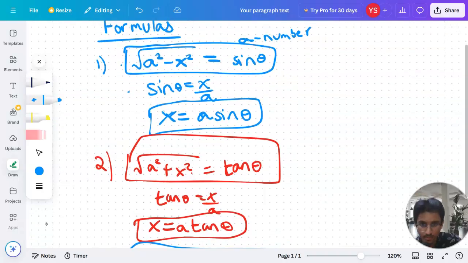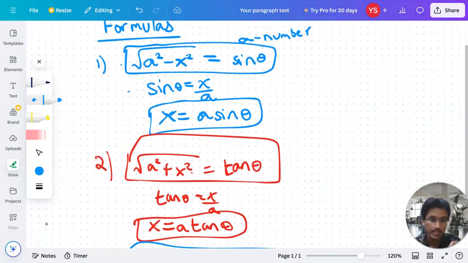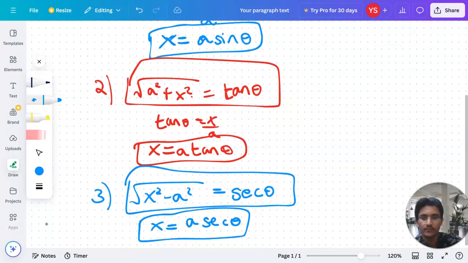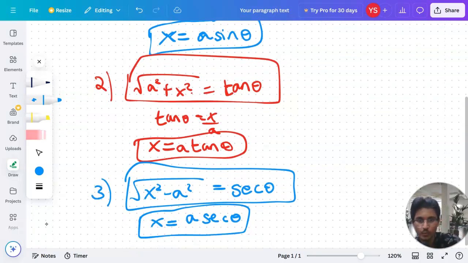So again, I'm gonna repeat this one more time, kind of slow. If you see a number squared minus x squared under a square root, you need to know to use sine theta. If you see an a squared plus x squared under a square root, and again, this is all about integration, and you're told to find an integral of that, you're gonna use tan theta.